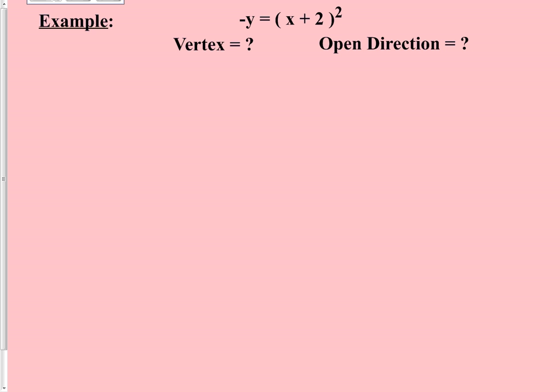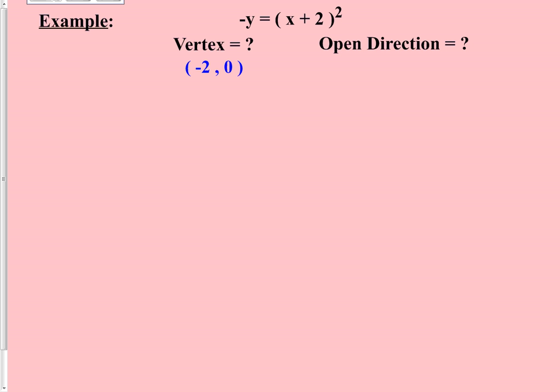But we can read the vertex and the direction that the parabola will open from the equation if the equation is formatted correctly, and we'll get more to that in just a second. Hopefully by this point you should be able to read the vertex pretty easily out of the formula. Our vertex in this case is at -2, 0.